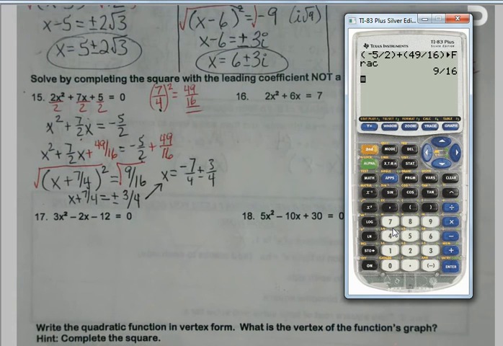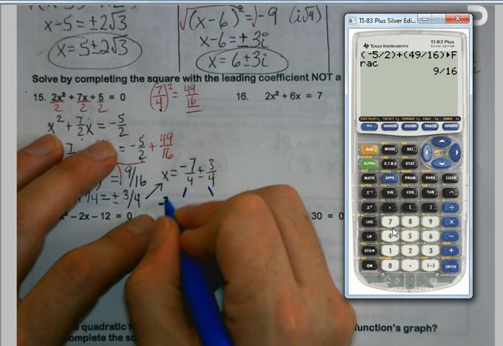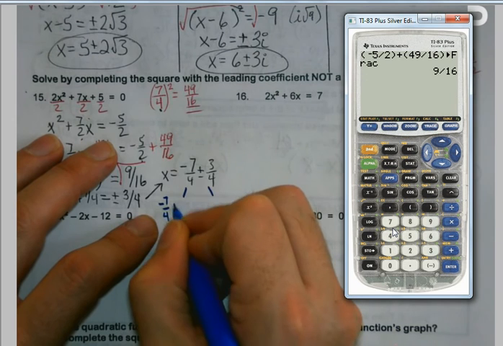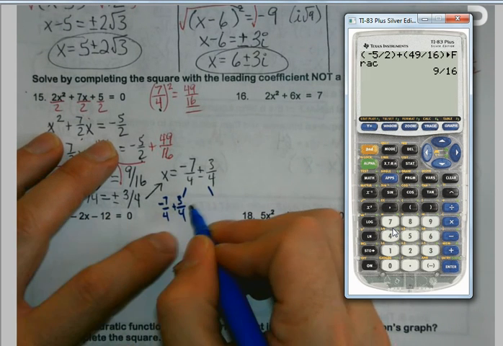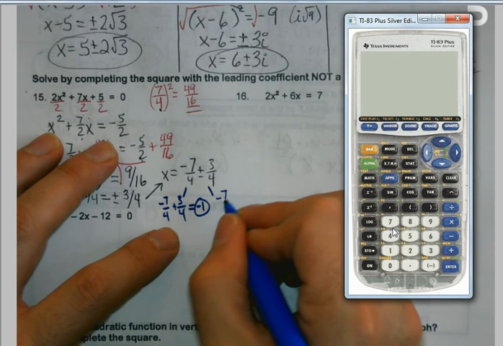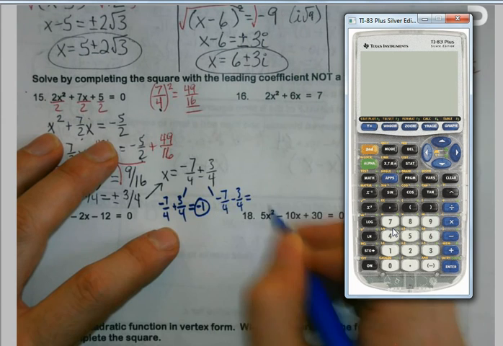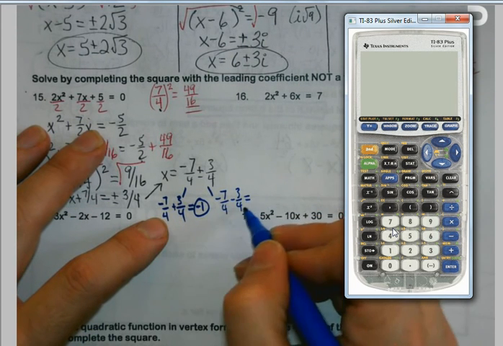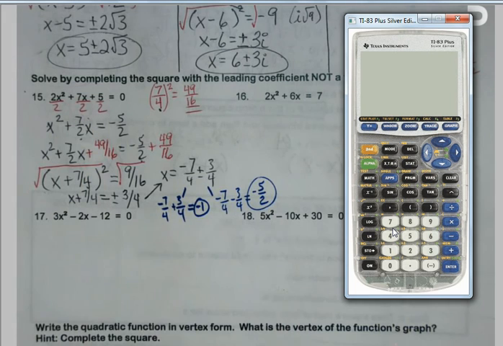And again, I want to split that and get the actual 2 solutions for it, of course. So I got -7/4 plus 3/4 would be -4/4, which is -1. -7/4 minus 3/4 is -10/4, which would reduce to -5/2.